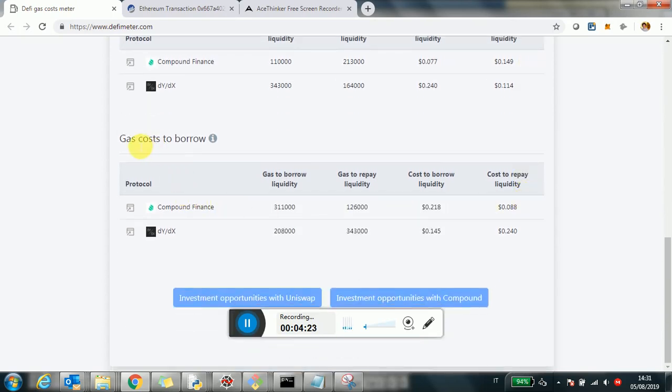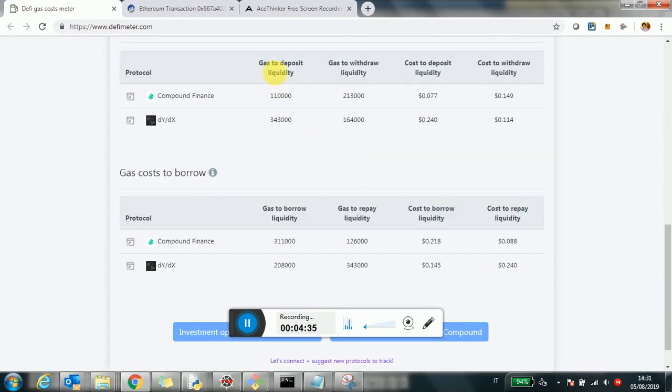The last bucket is still lending, but for the borrowing use case, so you see the cost for either borrowing liquidity or repaying liquidity. For example, for depositing liquidity, Compound seems to be cheaper than dYdX, but when you want to withdraw, dYdX is cheaper, and so on and so forth.